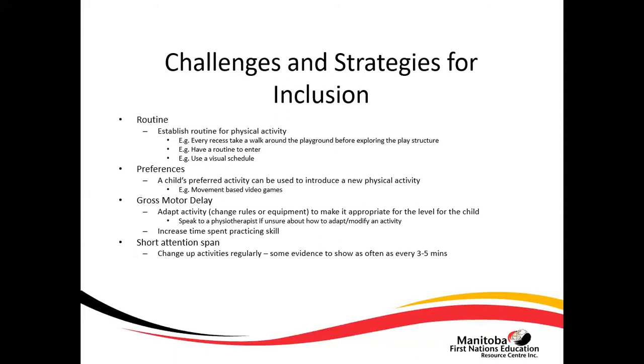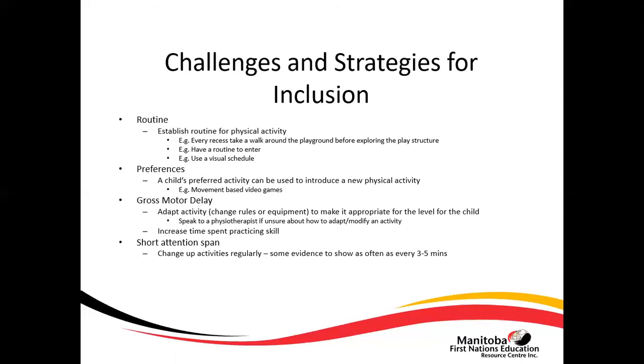But some children might have a really hard time starting with just playing catch with a small ball. So one tip is change the size of the ball, like make it a balloon. A balloon is going to float softer and land a little bit slower, where they can keep their eye and track the balloon a little bit easier.